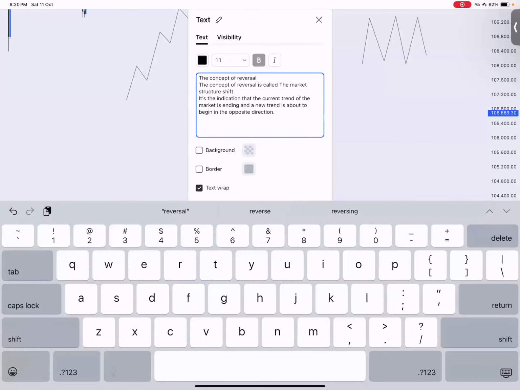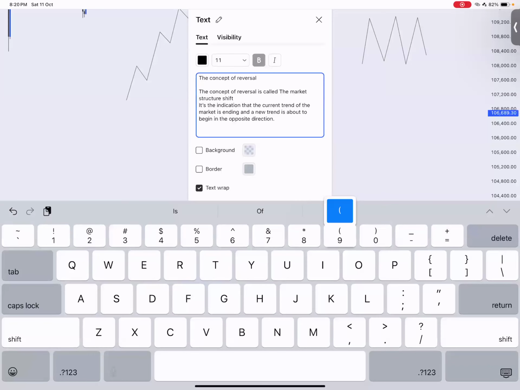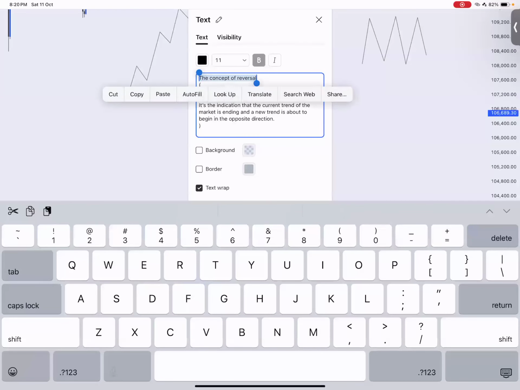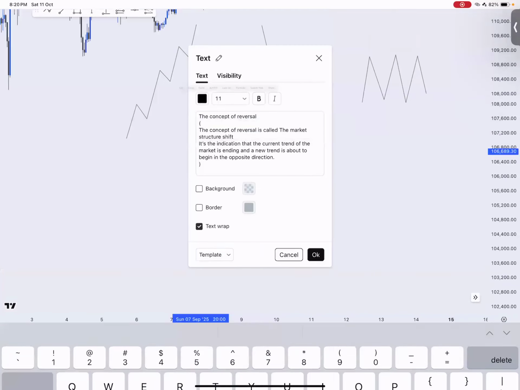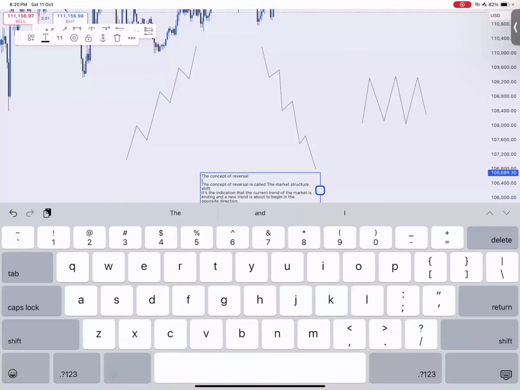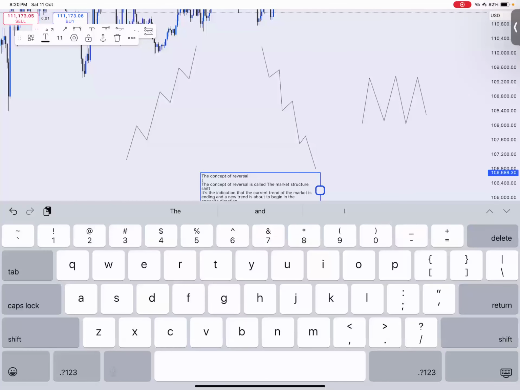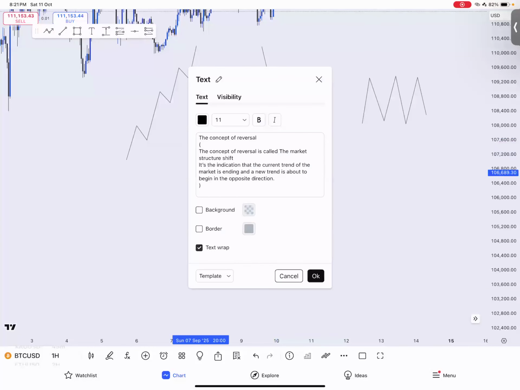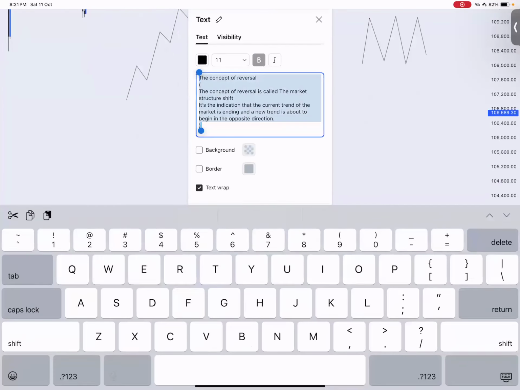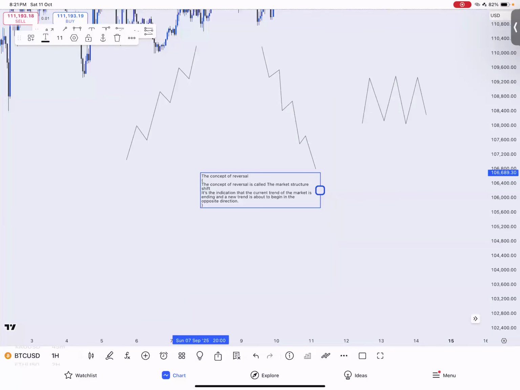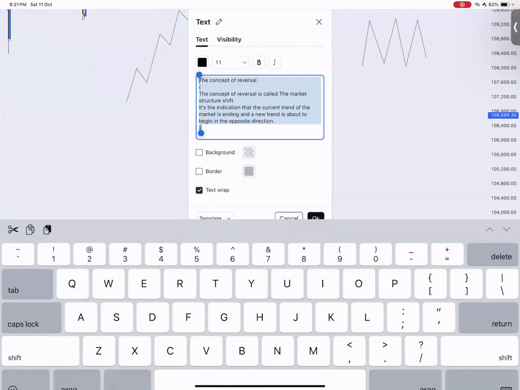So what's the concept of reversals? Let me make it bold.